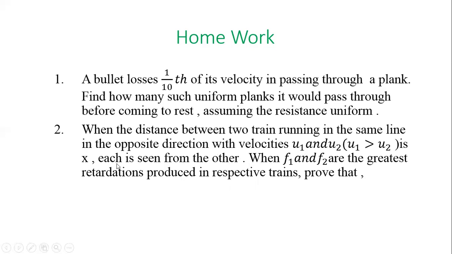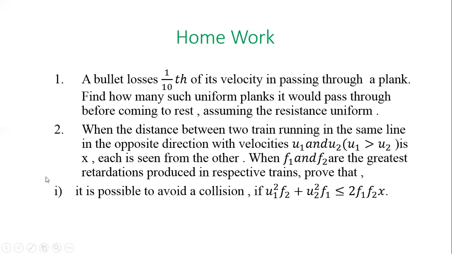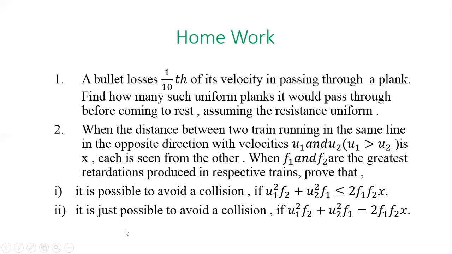When f1 and f2 are the greatest retardations produced in the respective trains, then prove that it is possible to avoid a collision if u1 square f2 plus u2 square f1 less than or equal to 2 f1 f2 x. It is just possible to avoid a collision if u1 square f2 plus u2 square f1 equal to 2 f1 f2 x.